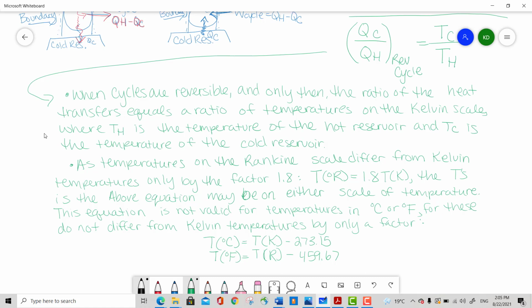This equation is not valid for temperatures in Celsius or Fahrenheit, and these do not differ from Kelvin temperatures by only a factor. So right here, this is how we get our factor of 1.8, this is linear. And then these obviously don't work. It's not the same because we just do a factor. So this right here is a big player in why we have things like thermometers.